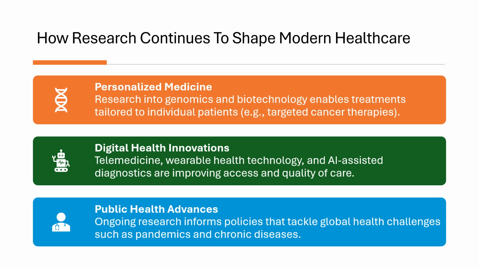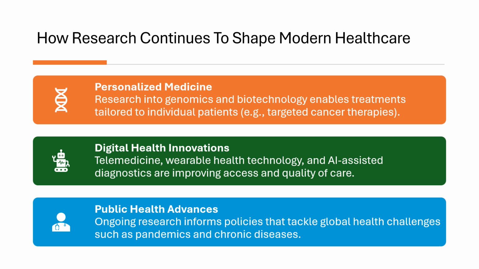So how does research continue to shape modern healthcare? Personalized medicine, digital health innovations, and public health. For personalized medicine, research in genomics and biotechnology enables treatments to be tailored to an individual.